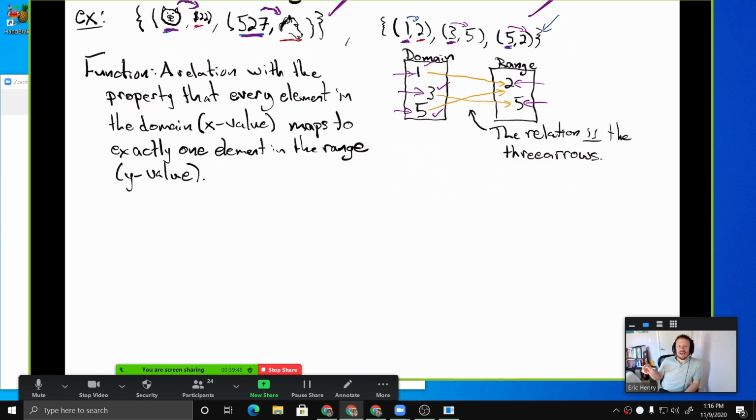I want you to think, can you translate this definition to the geometry context? We've got an algebraic definition. How could I tell if a relation is a function by looking at its graph?